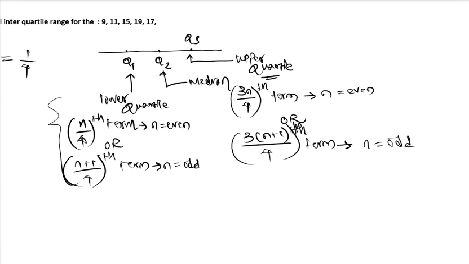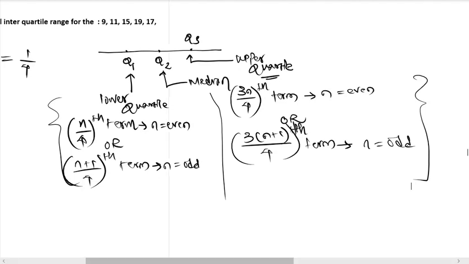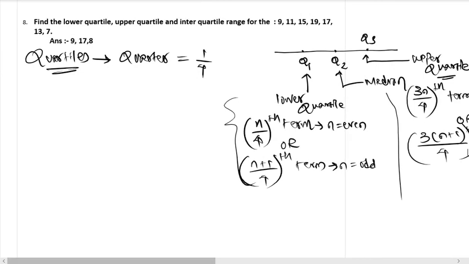So these are the two very important formulae which we are going to use while finding the quartiles, right? N by 4th term when n is even, n plus 1 by 4th term when n is odd, that is for lower quartile, and 3n by 4th term when n is even, and 3 bracket n plus 1 by 4th term when n is odd, right? Let us apply this formula over here.